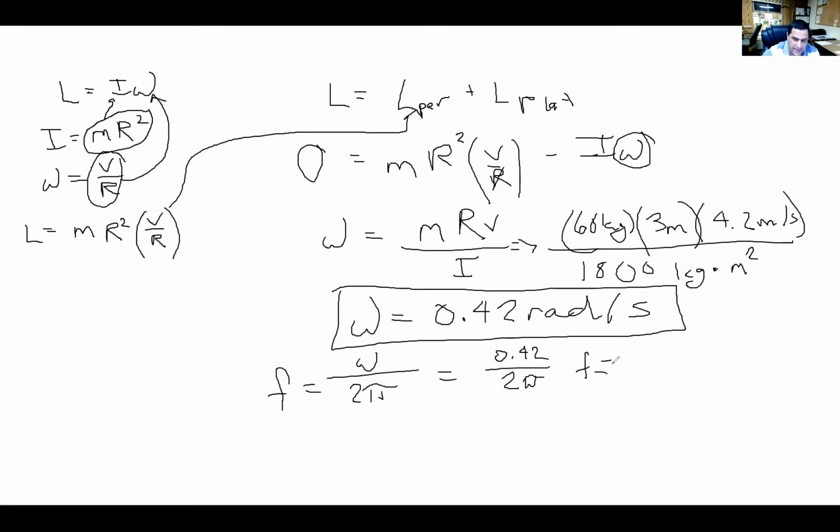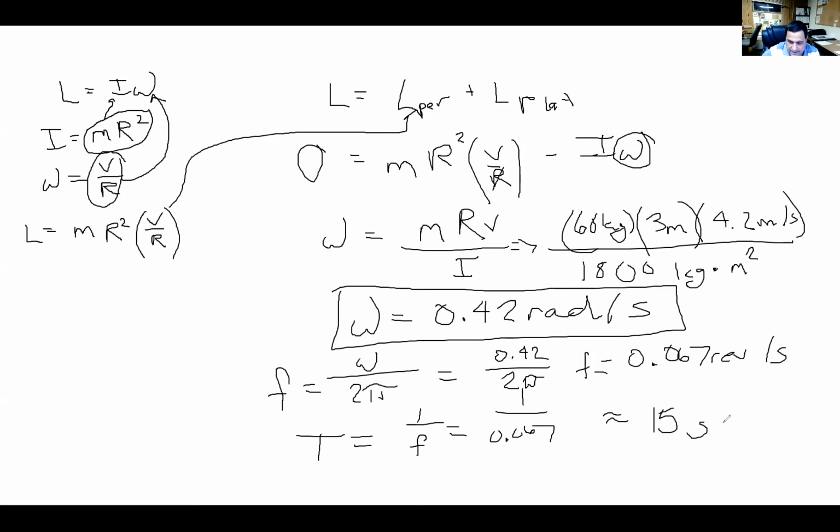So our frequency would be 0.067 revolutions per second. Period is equal to 1 over frequency. If you do 1 over 0.067, you end up with roughly a period of 15 seconds per revolution.